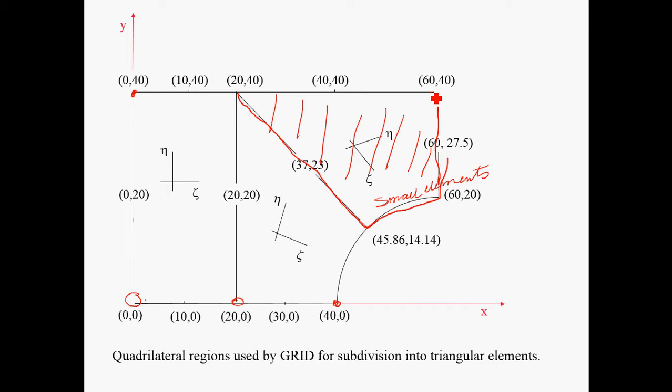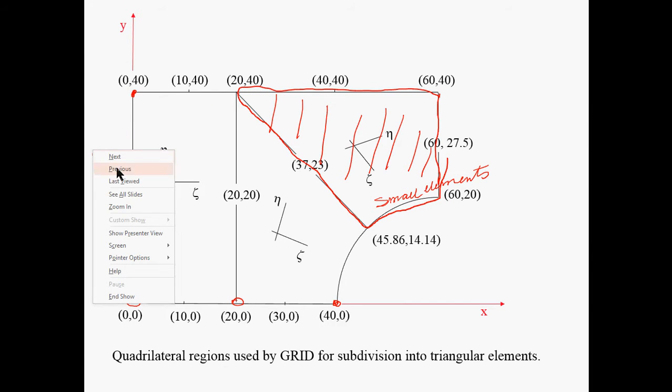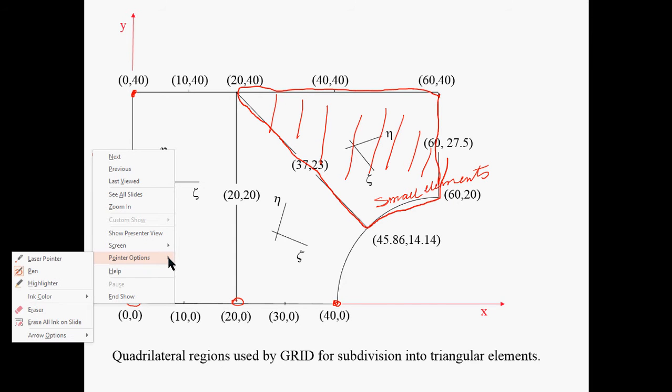Okay, this is my red region. And now I'm gonna change the pointer color, and then I am going to change this to my green region.